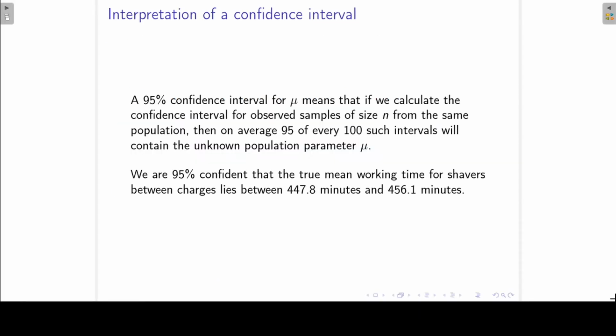Okay, so now we can say for our example, we are 95% confident that the true mean working time for shavers between charges lies between 447.8 minutes and 456.1 minutes.